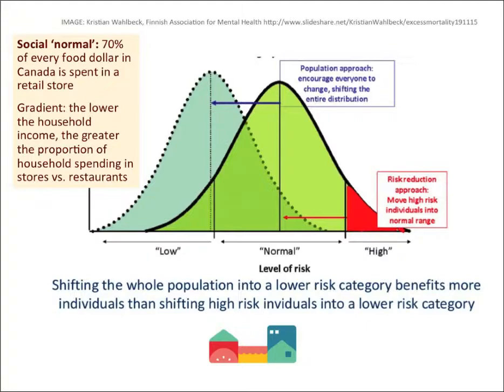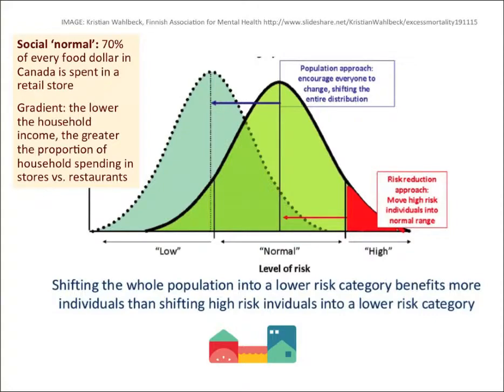The second, the squish part of the gradient, or the squish part of the population curve, is this idea of a gradient. So what the evidence shows us so far is that the lower the household income in Canada, the greater proportion of household spending that appears to occur in stores versus restaurants.